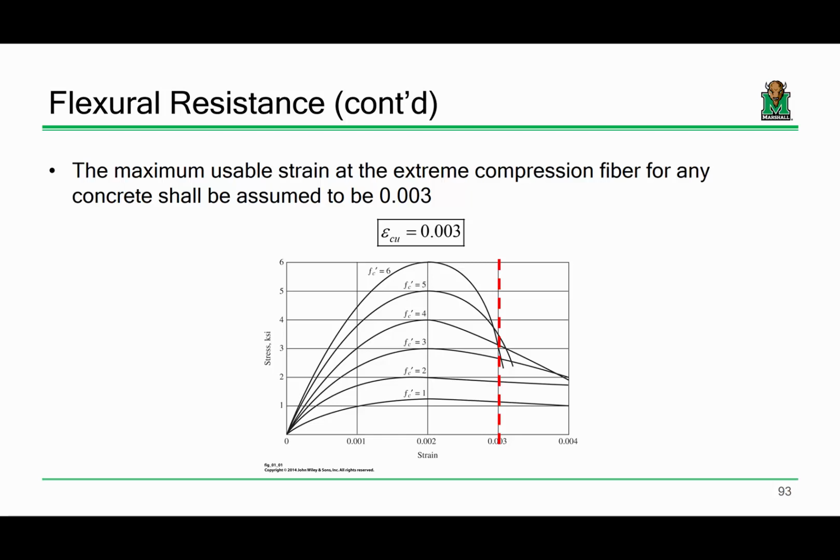That's coming from looking at the stress strain curve for various types of concrete and just cutting it off, picking a point and saying, okay, that's our maximum usable strain. That value does not change depending upon your type of concrete. It's always 0.003. So that's something to keep in mind.